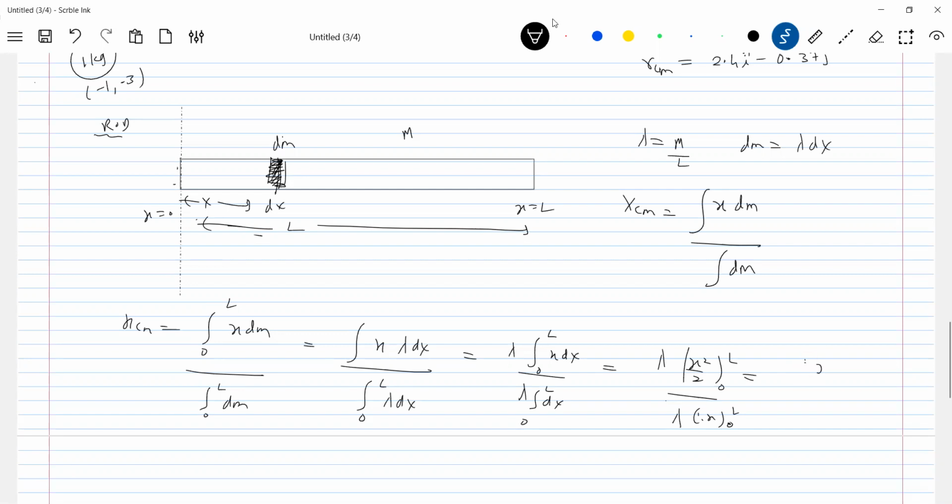Lambda will get cancelled out, so we get L square by 2 by L, which is L by 2. So the center of mass of this rod will be present exactly at the midpoint of the rod.